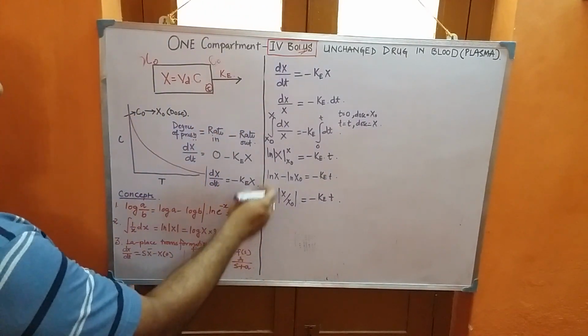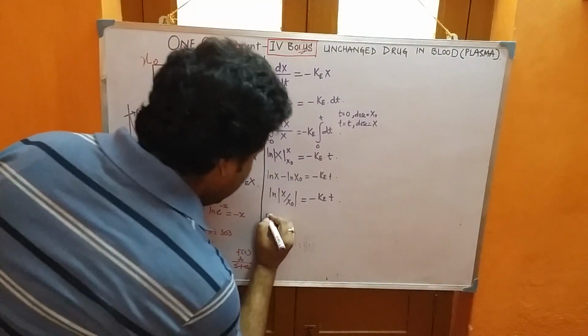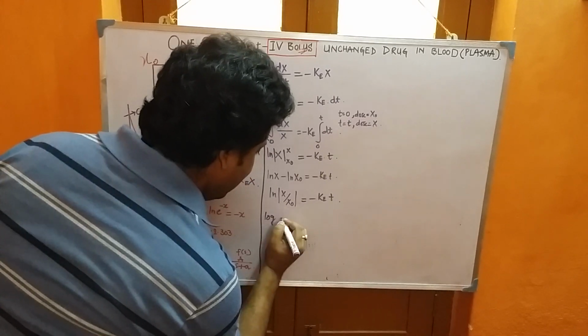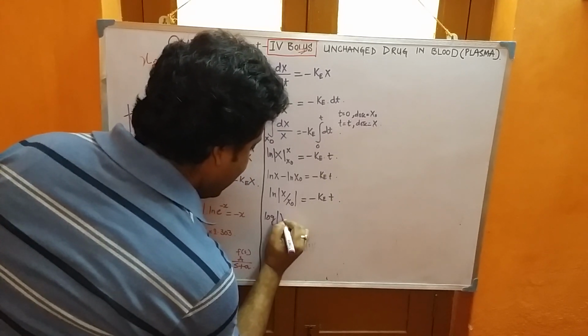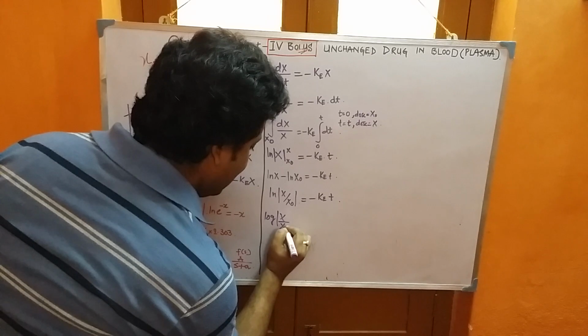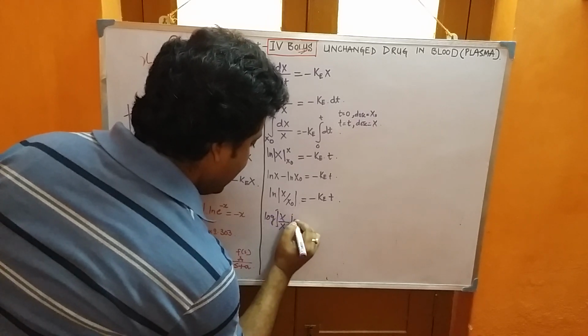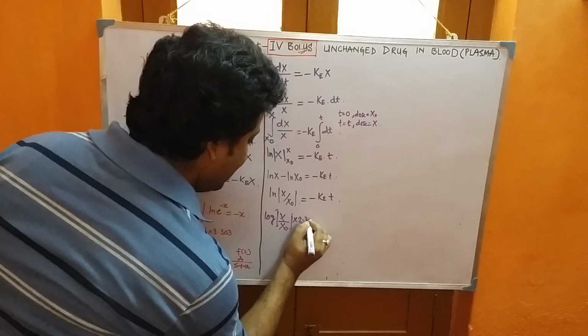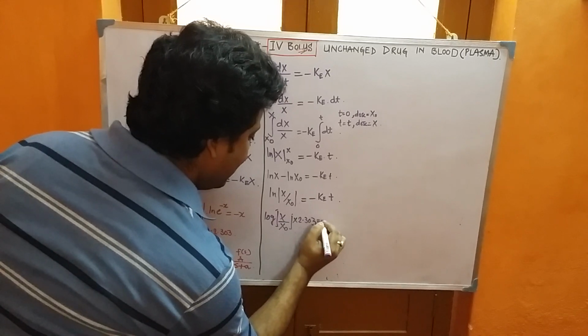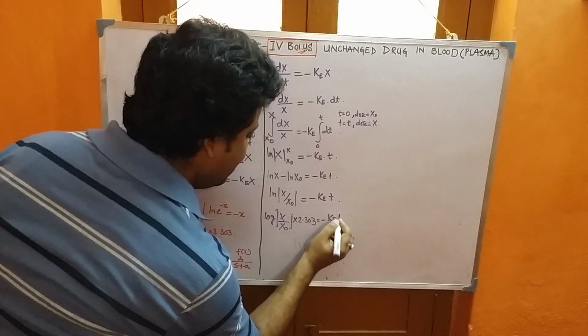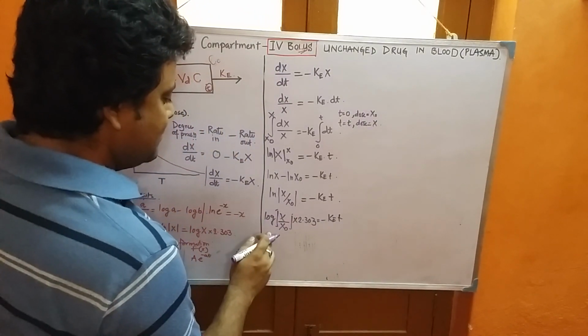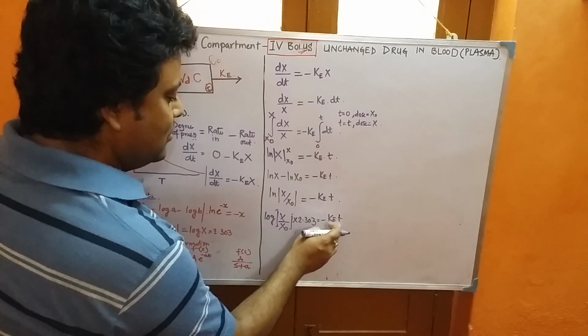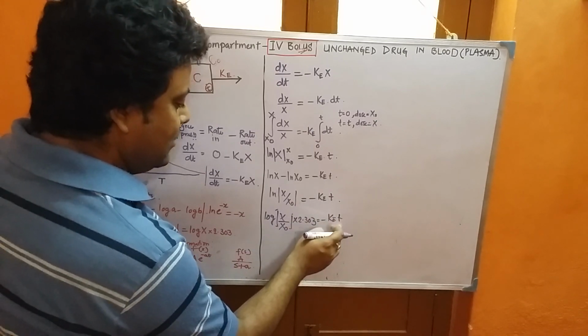Now if I want to convert this to log, it is very simple. We can write it as log x by x naught into 2.303 equals Ket. So this 2.303 I can take over here.